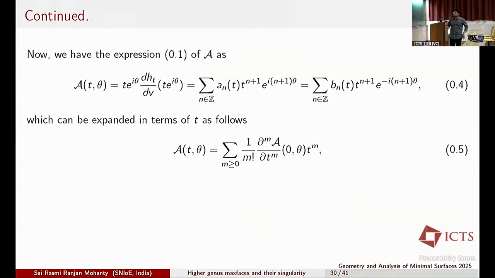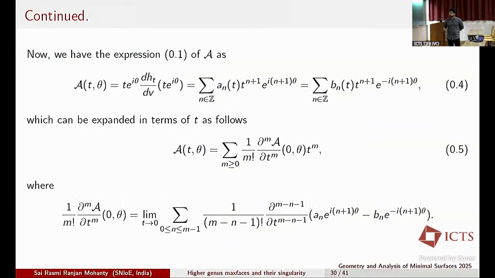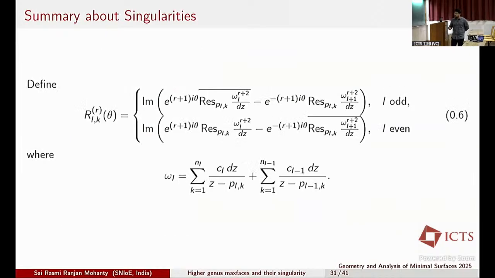After a few calculations, we found A_T theta as this in terms of AN and BN, and using this governing function and one meromorphic function, we define a new function at each neck. At each neck, R_LK of theta equals the imaginary part of this quantity, and this will ensure the nature of singularities in the Maxwell space.